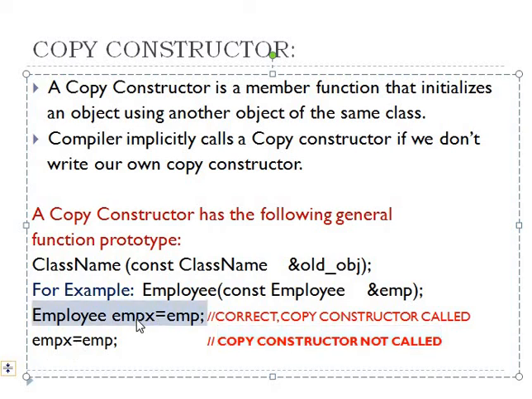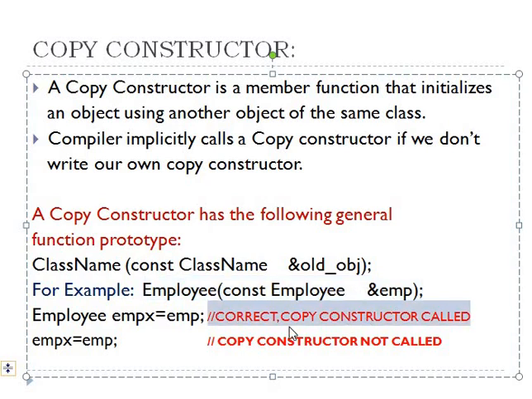But that was not the case in this statement. In this statement, a new object named EMPX has been created out of this class employee, and then the values of the old object EMP have been passed into the new object EMPX, and that is possible with the help of this copy constructor, which takes the old object EMP as the parameter.